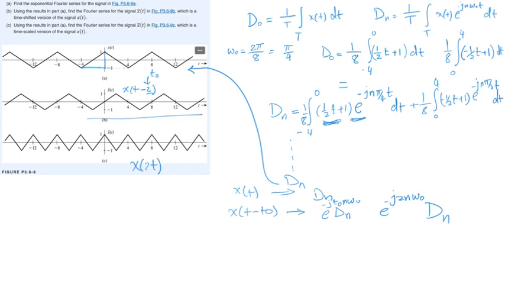Would it be omega over a? That's for the Fourier transform. It becomes omega over a, but here, your omega naught is going to change. So the expression stays the same, but your omega naught is going to change.